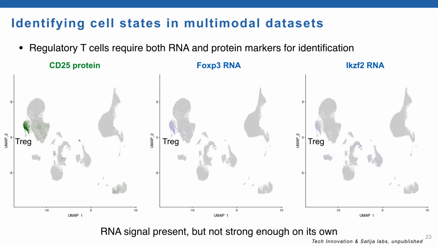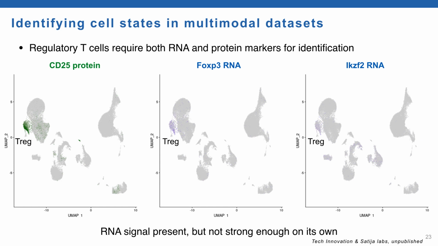So I'd just like to go over a couple of examples now of how this joint representation really aids in getting more information than we can get from RNA or protein alone. The first example here is looking at Tregs, where this nice cluster of Tregs that we can highlight here, we only see if we do joint clustering. Really, we can't separate these out by RNA or by protein alone.